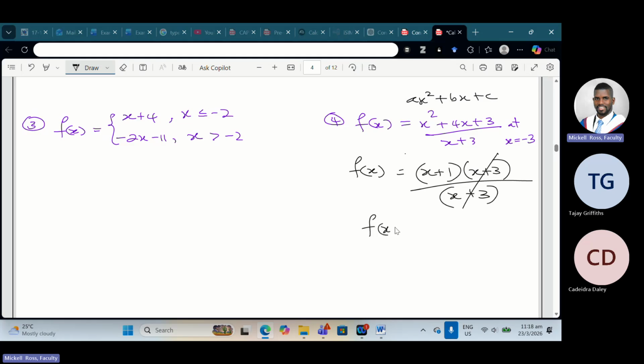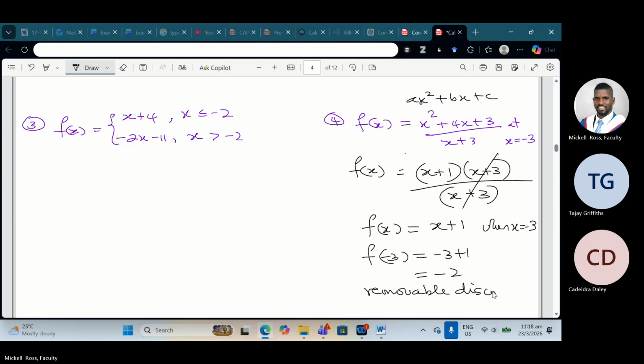So you're just going to have f of x equal to x plus 1 when x is equal to negative 3. So f of negative 3 is equal to negative 3 plus 1, which is equal to negative 2. So this is a removable discontinuity at x equal to negative 3.